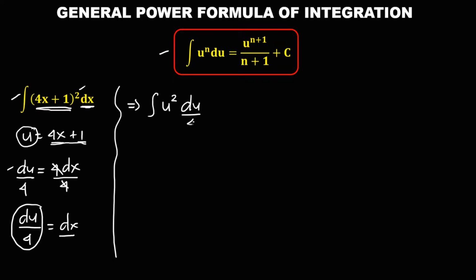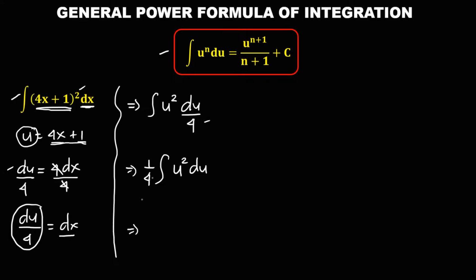So we have du over 4. Then to simplify, since 4 is the denominator, we put this 1 over 4 outside. Then we have now the integral of u to the power 2 du.